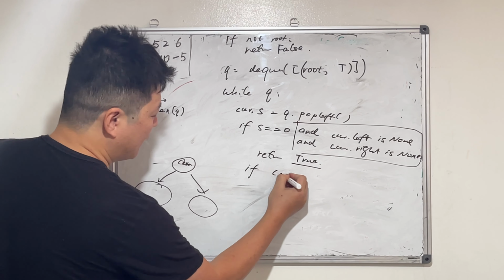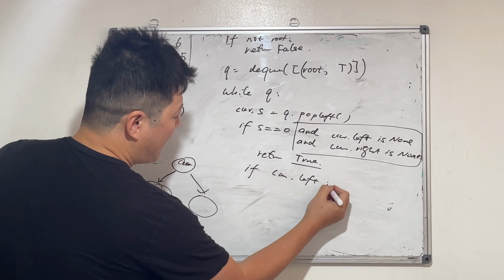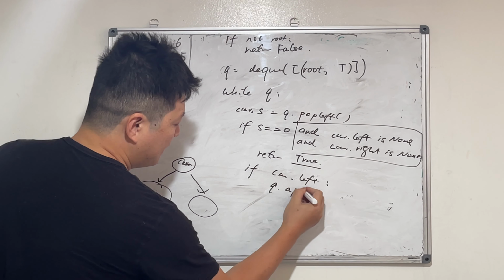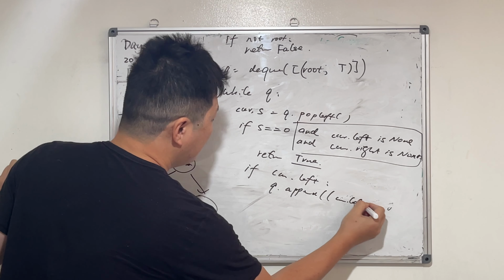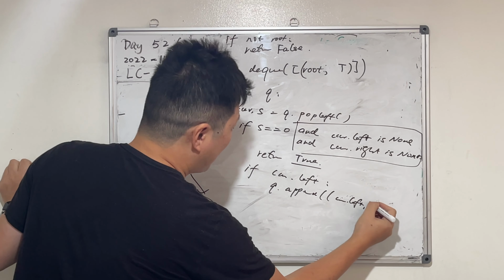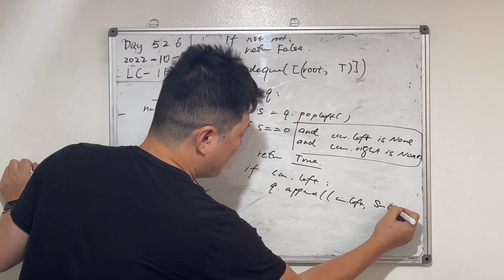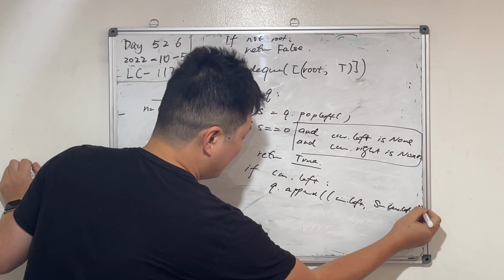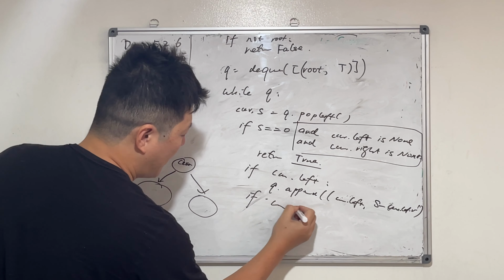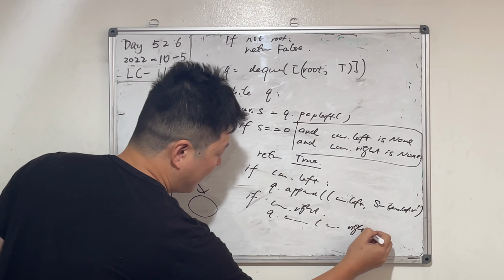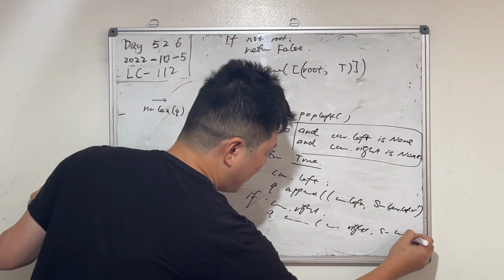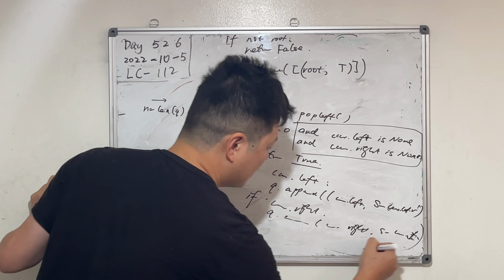If current dot left, then q dot append current dot left, and remaining sum is s minus current dot left dot value, right? And then if current dot right, q dot append current dot right, and then s minus current dot right dot value.